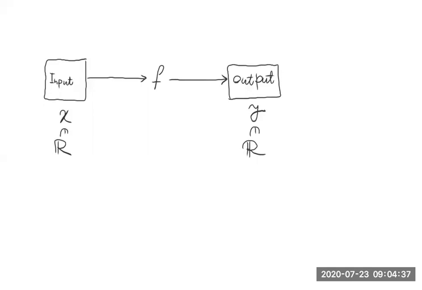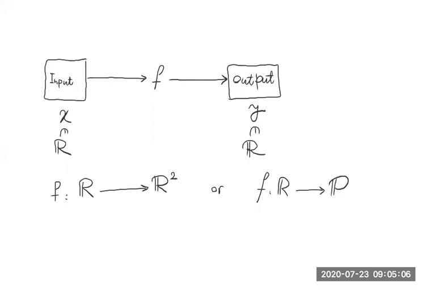Now we are interested in examples where our functions are either defined on R, the domain is still a number, but the codomain or target is something higher dimensional, like R2. Or the codomain is something three-dimensional, like f is a function which is defined on R, but the target is R3.